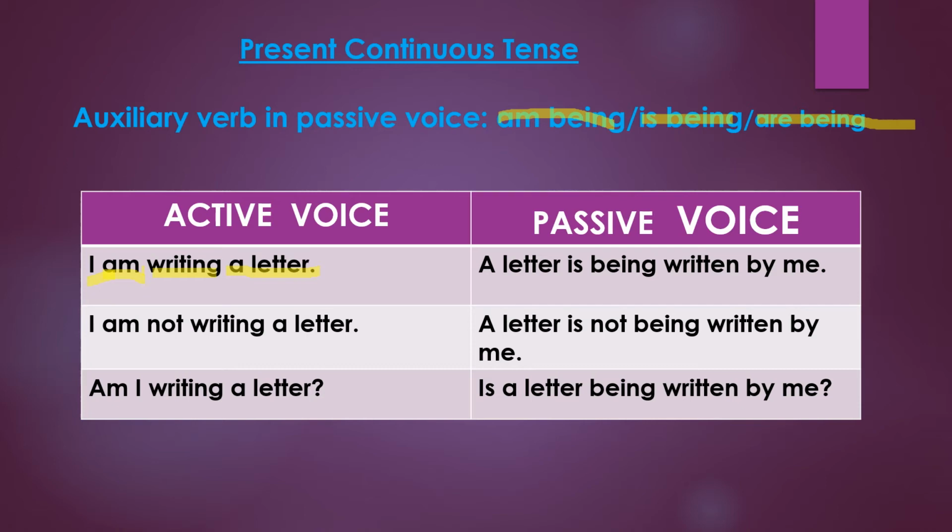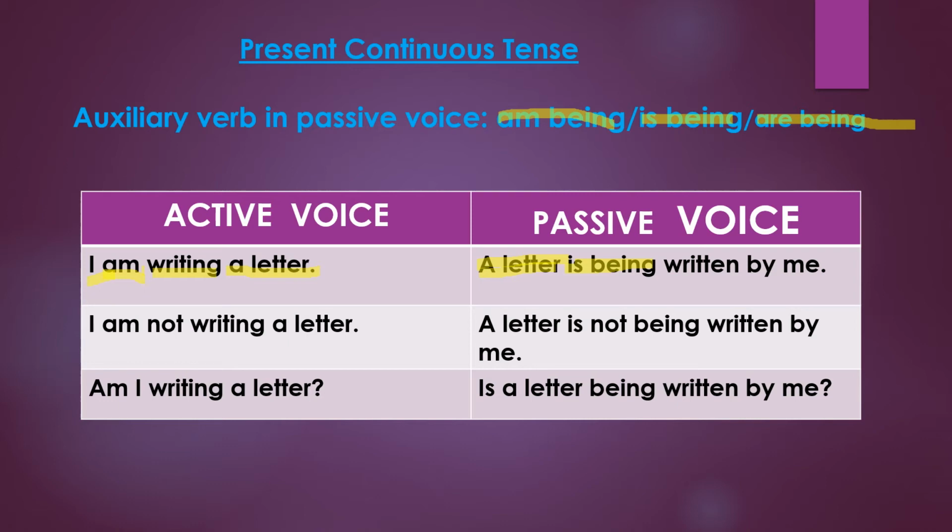So accordingly, here a letter, that is the object, takes the place of the subject in passive voice. Because it is a letter, we are talking about only one letter. The auxiliary verb or helping verb we use is being, is being. Always remember, for continuous tense, the auxiliary verb is being.